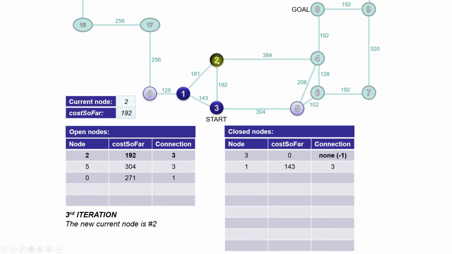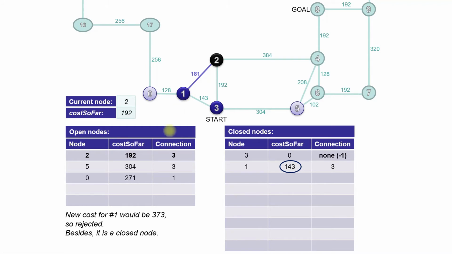So we are now changing to a new current node, number 2, and the first adjacent node to visit is number 1. New cost for number 1 would be 373. It's our cost so far, 192, plus additional cost to reach number 1, 181.